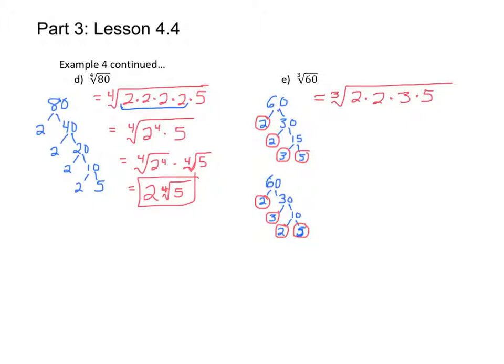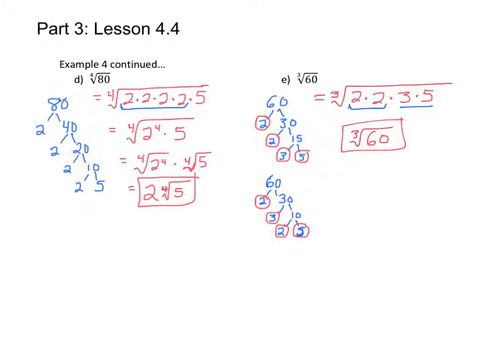And because we have the cubed root, we're looking for equal groups of 3 factors, and we only have 2 2's and then one of each of the other numbers, so we don't have a perfect cube or 3 equal factors. So in fact, the cubed root of 60 is in simplest form already, even in mixed form, because there's not an equal group of 3 factors.